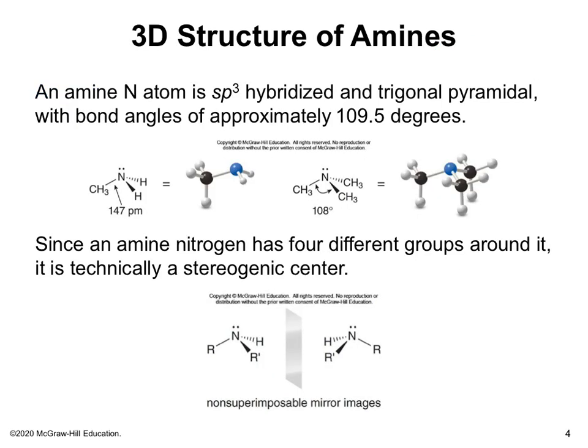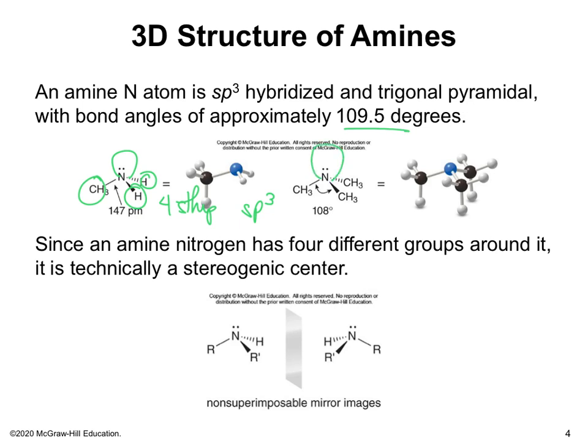The structure of an amine, the hybridization, we count how many things are bonded to the nitrogen. So 1, 2, 3, 4 things. So that's sp3. So it is tetrahedral, but less than 109.5 degrees.